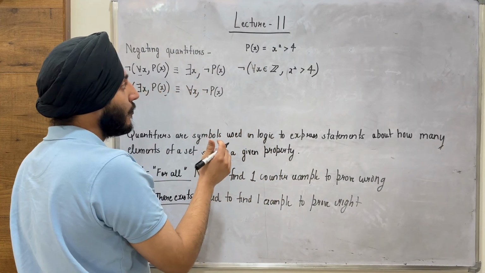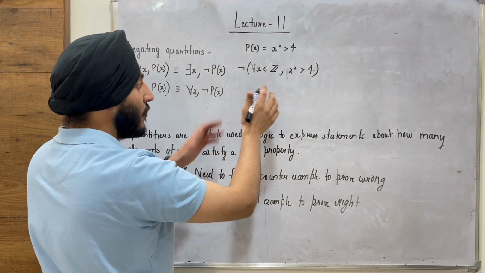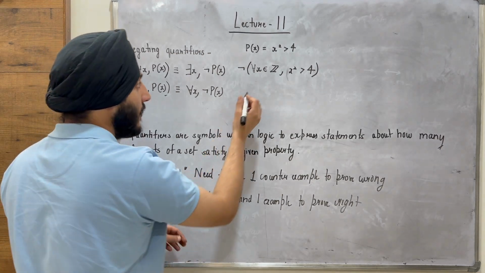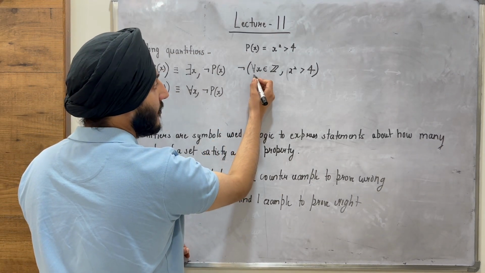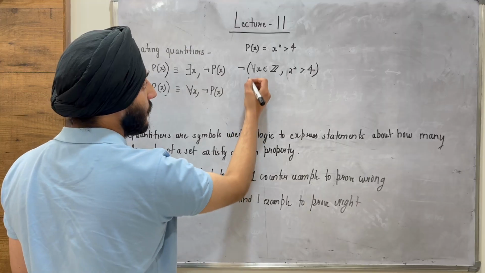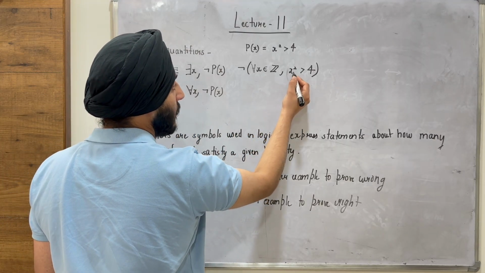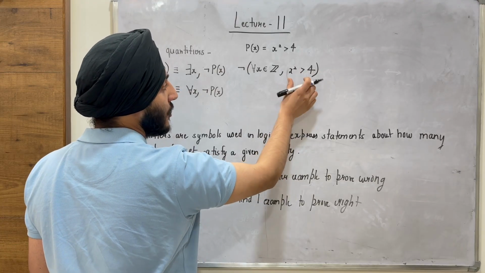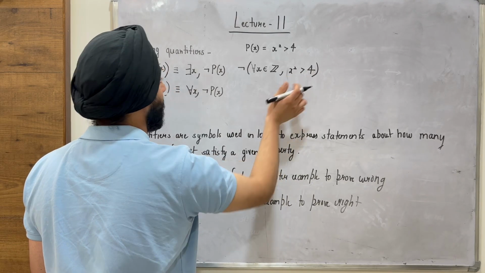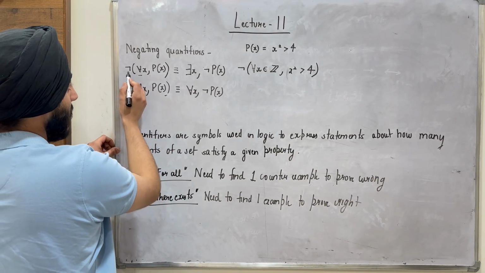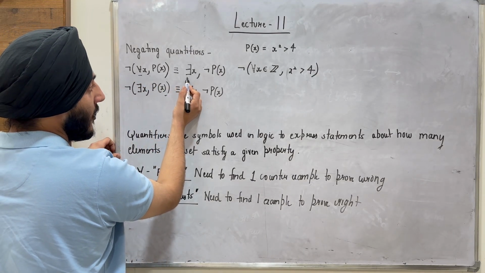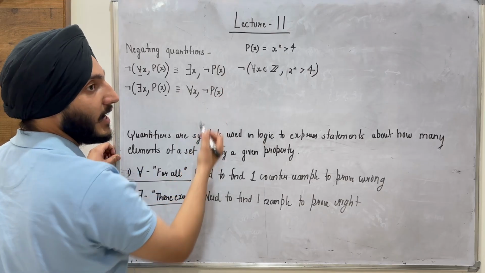whenever you see a negation across a predicate, first you convert the for all symbol, or the quantifier, to the opposite quantifier. So I'm going to convert this into there exists. And then I'm also going to do the opposite of this condition, or p of x I've given. So negation of this means convert the quantifier and also negate the predicate that you have.